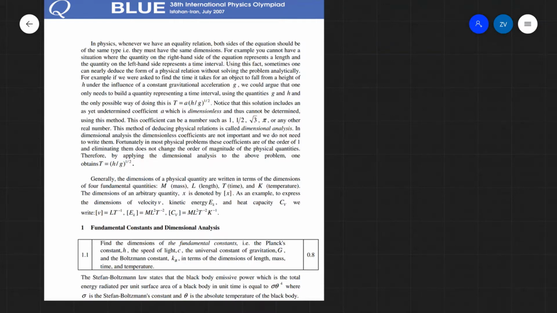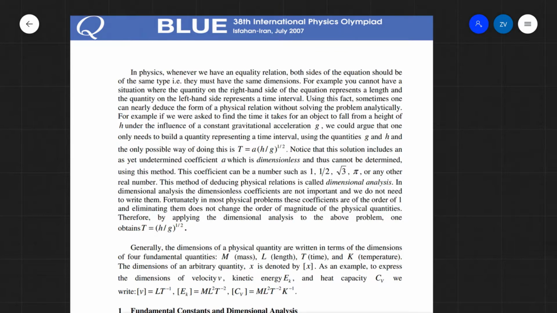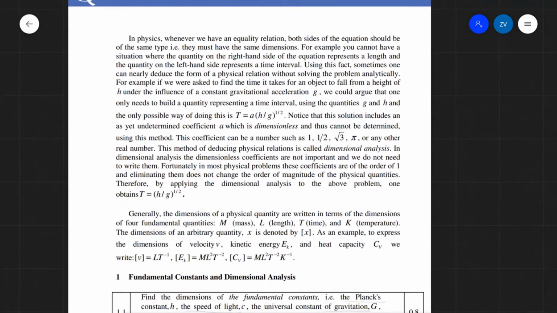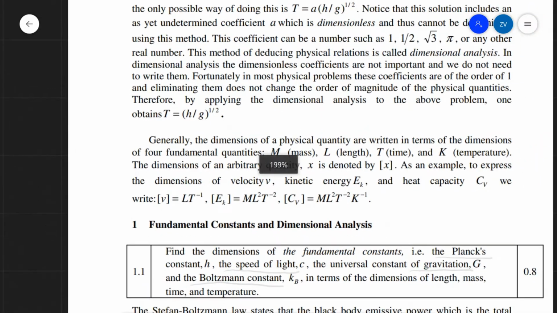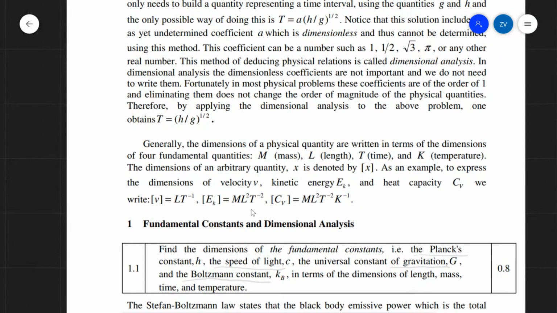Okay, well, let's get started on the very first problem, 1.1, which is about dimensional analysis. As with most Olympiad problems, it starts with quite a lot of information about the phenomenon, in this case about dimensional analysis. Notice that they're giving us a way of writing out the base units.